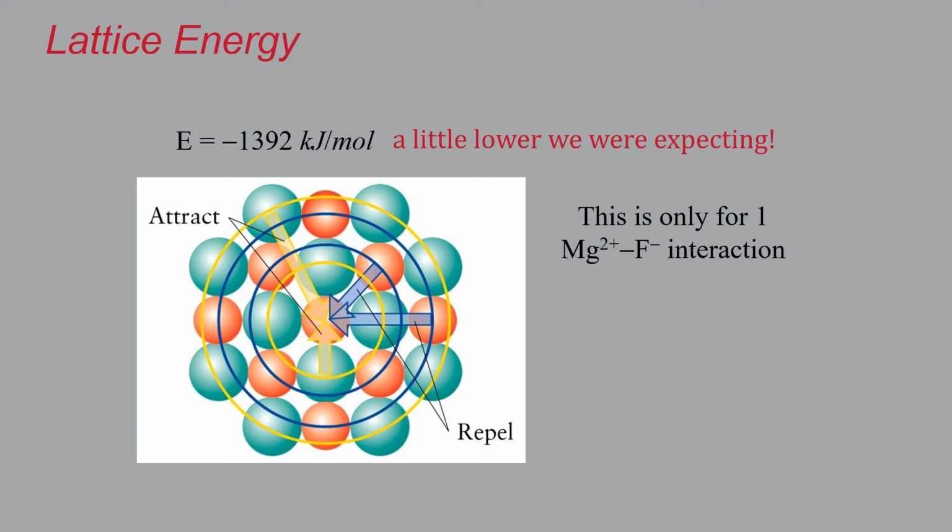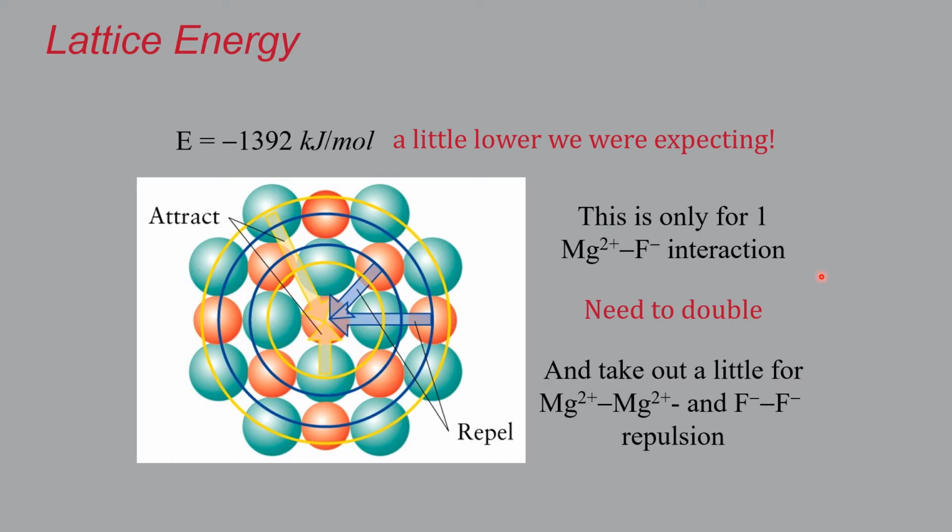So that number is what you get for only one magnesium fluoride interaction. And you may recall that the formula for MgF2 is actually that, MgF2. So we could double that. And that gives us almost negative 2800, which makes it a little bit high.